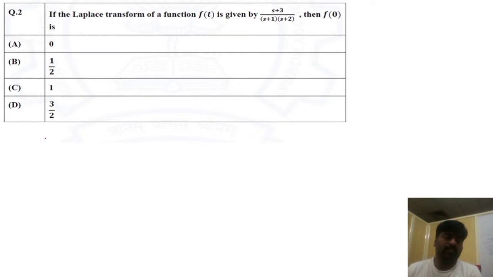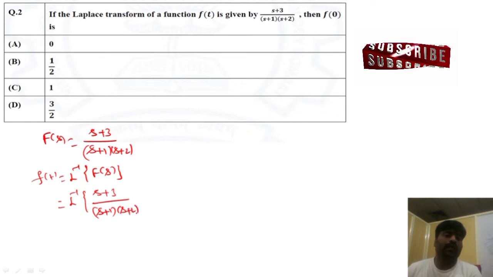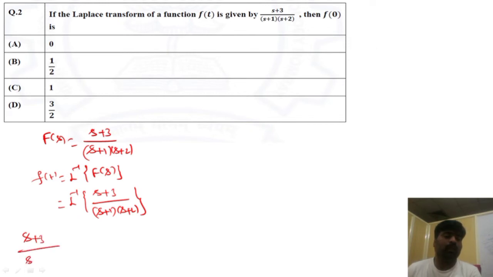Given F of s as s plus 3 by (s plus 1) into (s plus 2), f of t is the Laplace inverse of this F of s. Expressing it in partial fractions, we take a by s plus 1 and b by s plus 2.